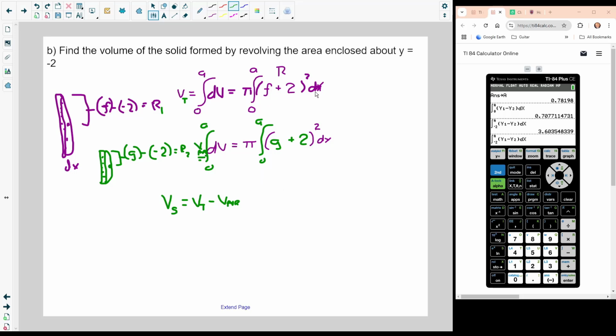Now, you can do these two separately, but the way the book does it, and the way the AP solution guides do it, because you're probably checking those, is in one fell swoop, because there's everything common here. You've got the same integral, the same dx, the same pi.